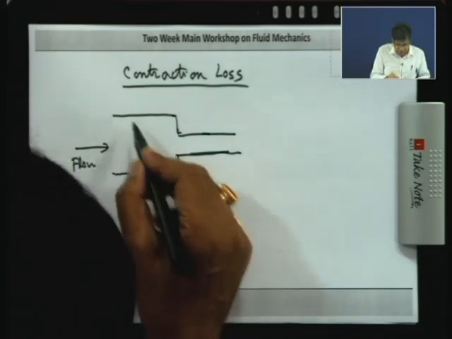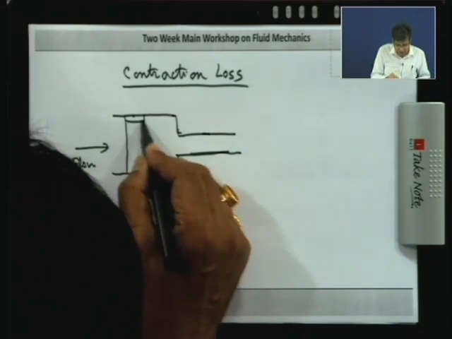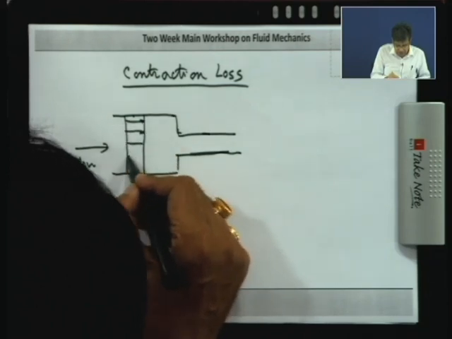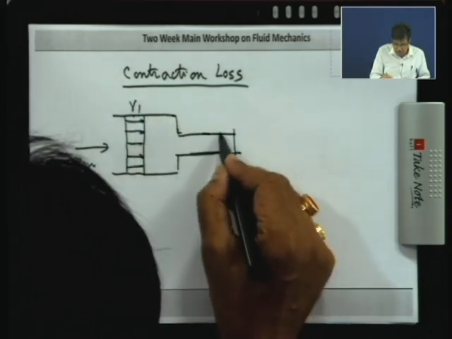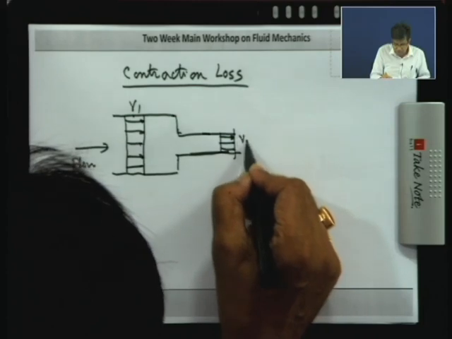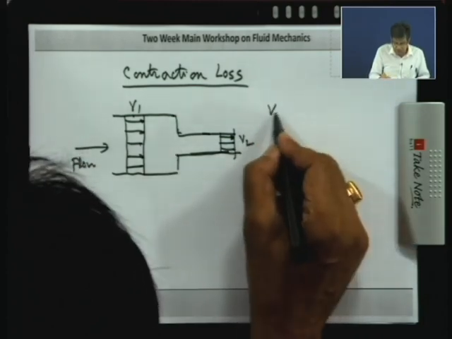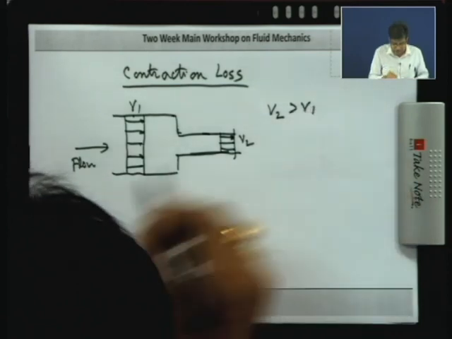Here what happened? There is a section 1 where the fluid is coming with some velocity V1, and here it is going out with some velocity V2, and because of this V2 is higher than V1.